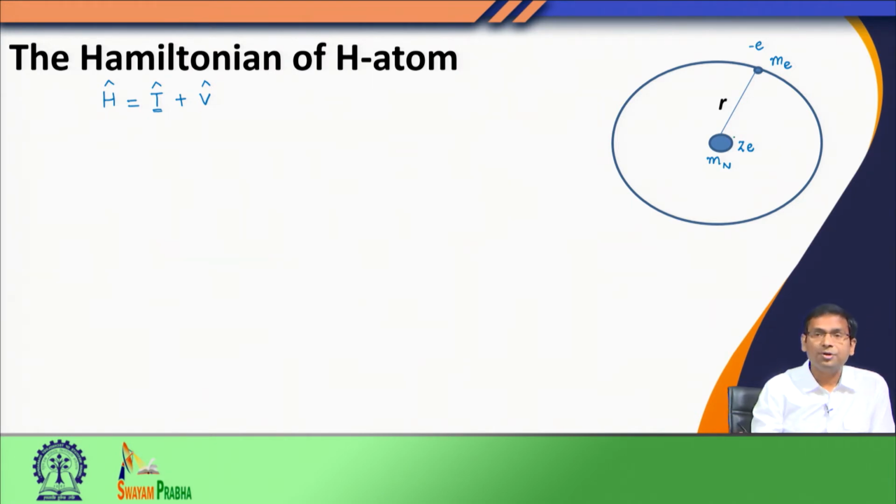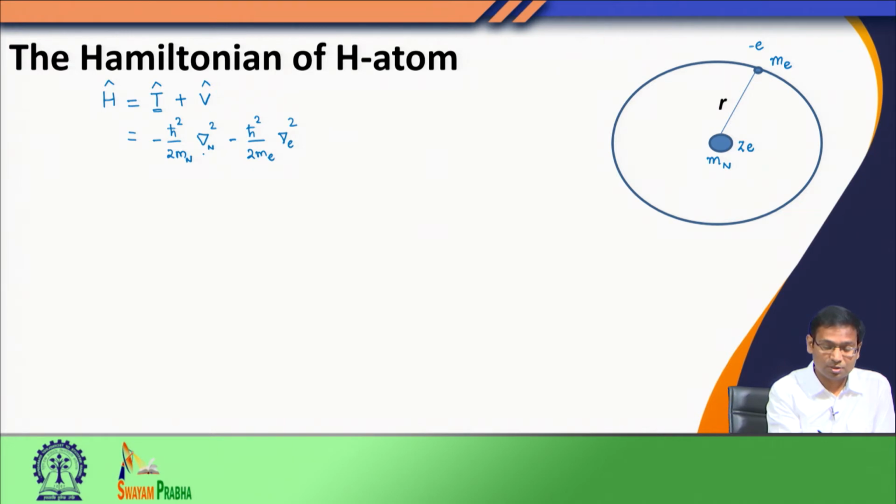Now, since we have two different particles, one nucleus and another electron, each particle will contribute a kinetic energy term. So, I will write down first the kinetic energy of the nucleus and then the kinetic energy of the electron.